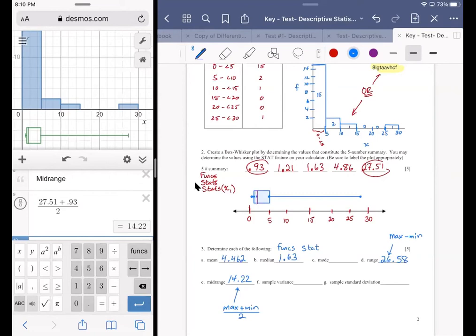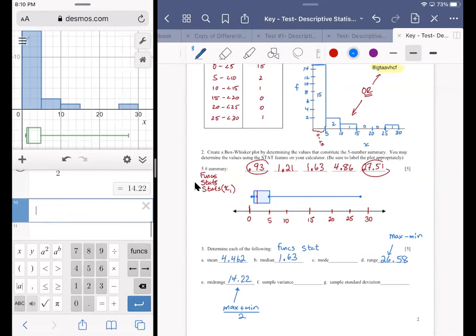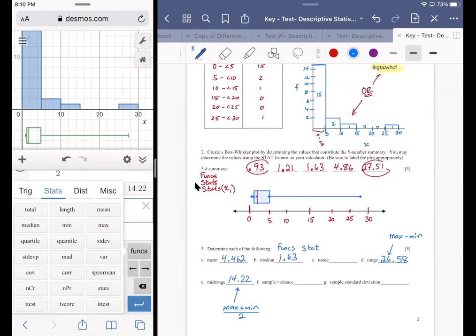All right. Sample variance, sample standard deviation. When in doubt, take a look in that functions menu under stats. You know, if you see it, it's there. Great. If you don't, well, you're out of luck. No, well, standard deviation staring right at you, right? You have standard deviation and standard deviation with a P after it.